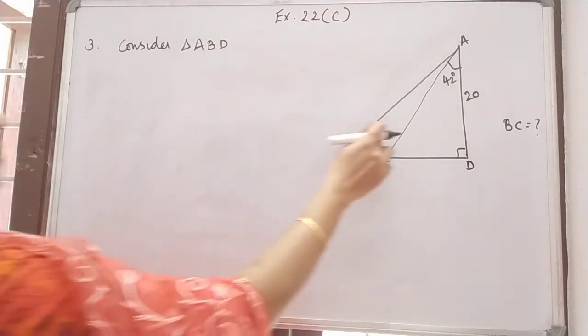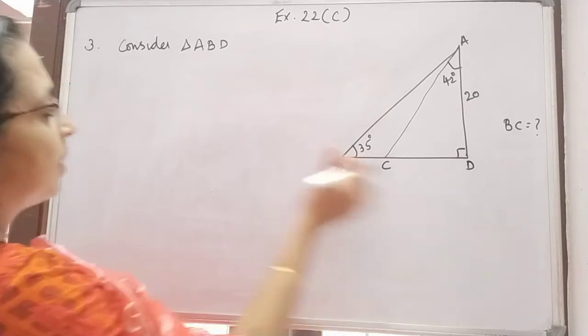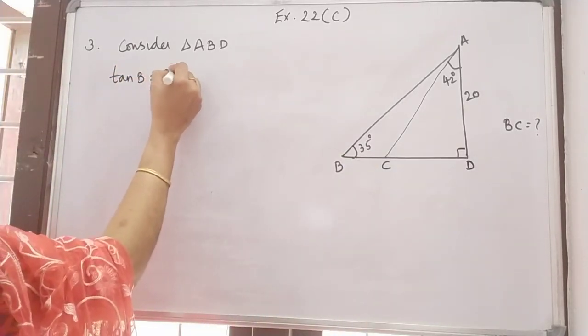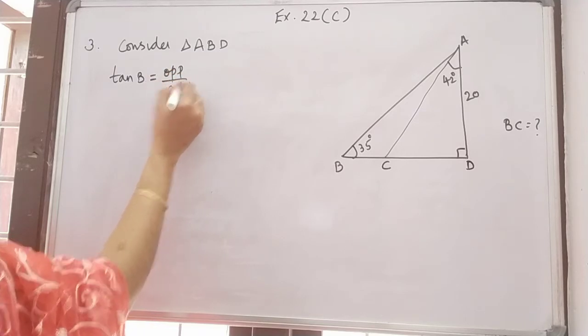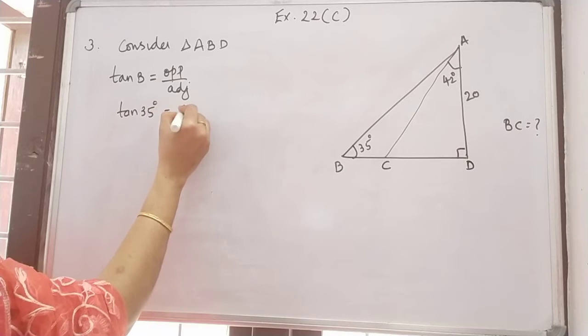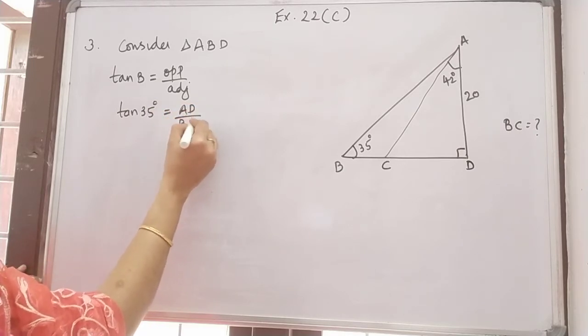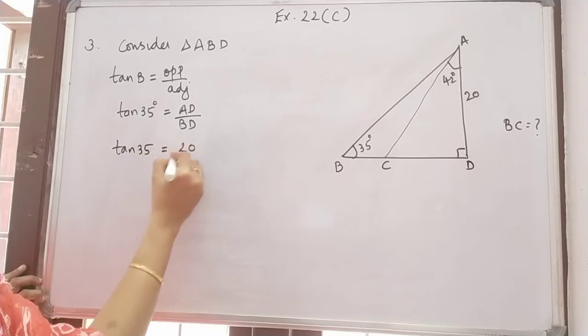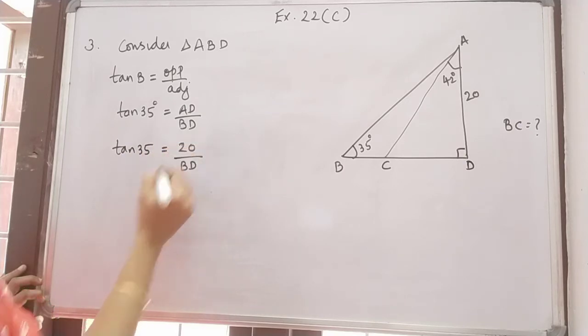Tan, opposite divided by adjacent. So tan B is equal to opposite divided by adjacent, that is tan 35 degrees equals AD divided by BD. So tan 35 is equal to AD 20 divided by BD.